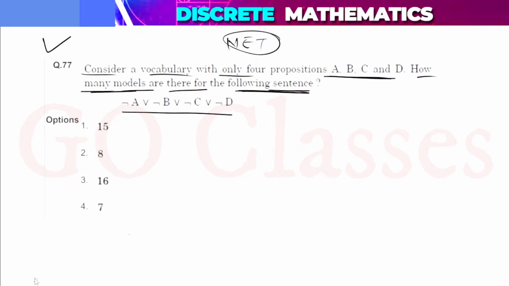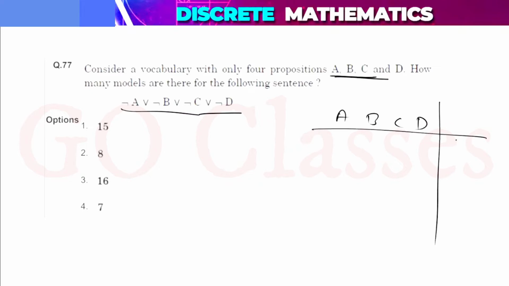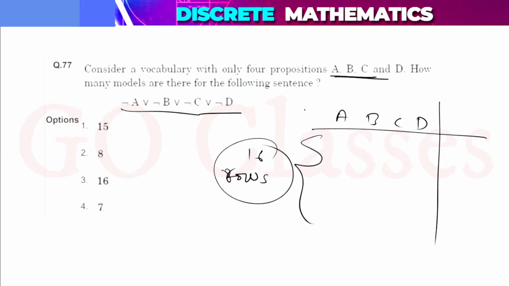So let's see. First of all, you have 4 propositions, basically A, B, C, D. Then how many rows do you have in the truth table? A total of 16 rows will be there in the truth table. Remember, when we talk about propositional logic, every row is an interpretation.